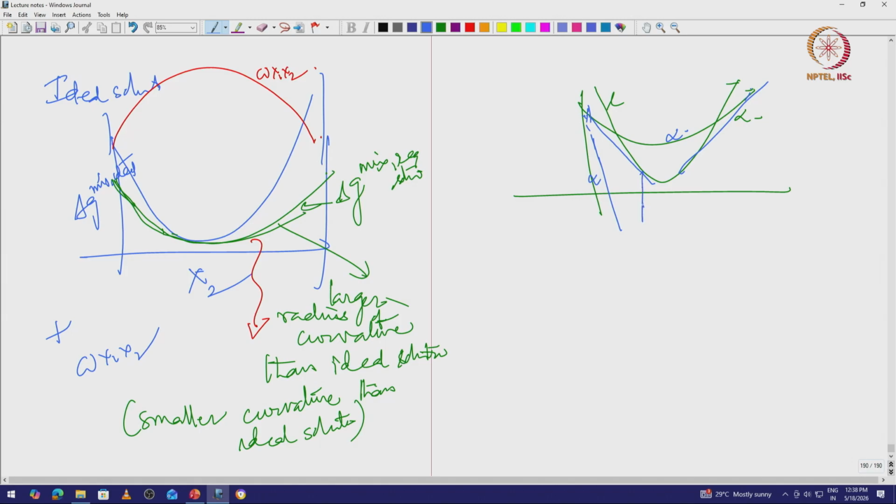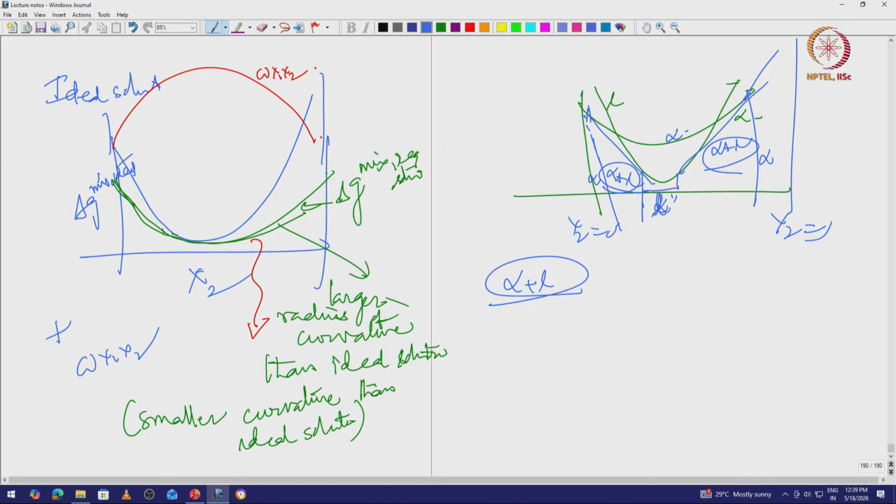So in this composition range it is alpha plus liquid that is stable. Again here I have alpha that is stable, here again liquid that is stable. In this region again it is alpha plus liquid that is stable, and beyond that region, so this is x2 equal to 1, this is x2 equal to 0, I have alpha which is again stable. So I have two regions in composition which have alpha plus liquid.